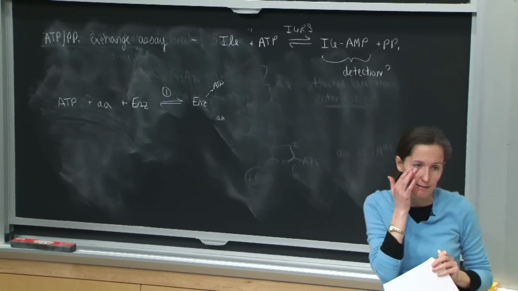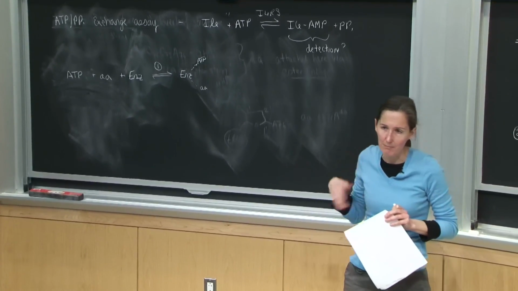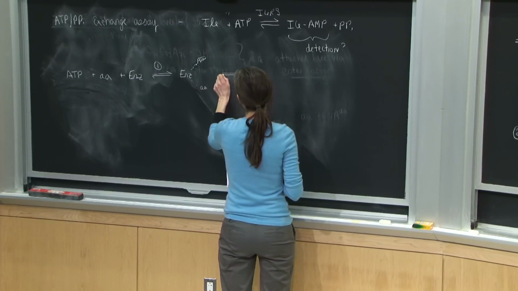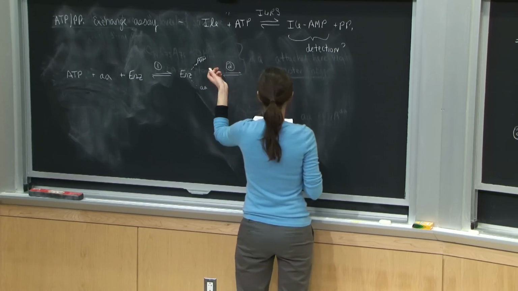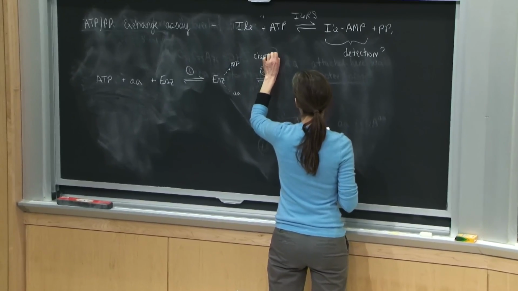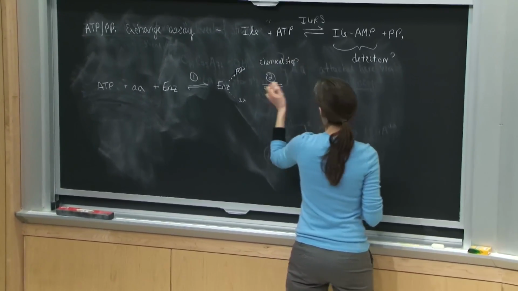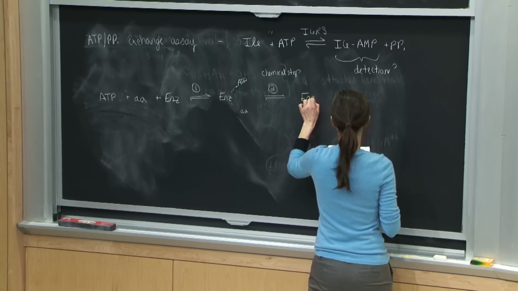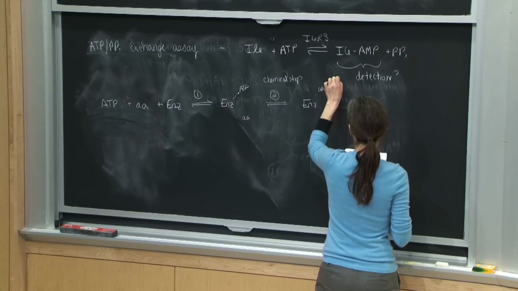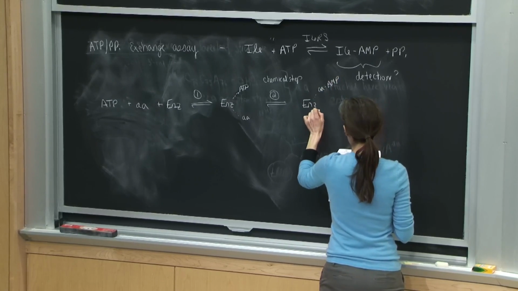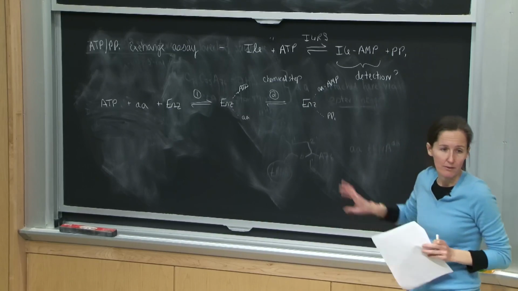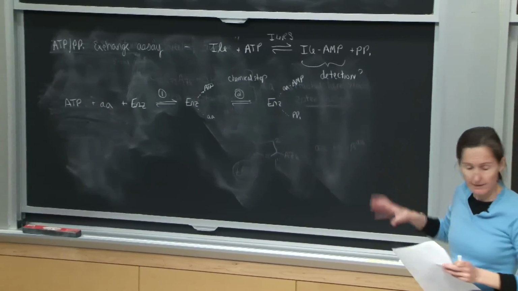And I'm leaving magnesium out of this depiction, but remember that magnesium and ATP come together. Now what? Step 2. Okay, we're going to have a chemical step where we have formation of the aminoadenylate and PPi, and they currently are bound to the enzyme.